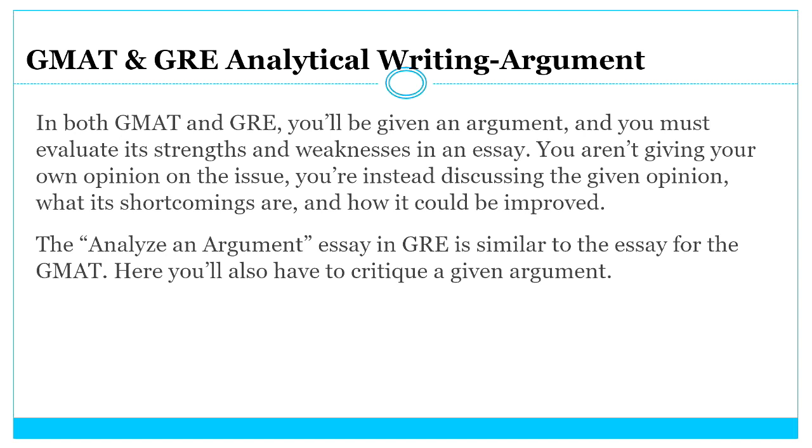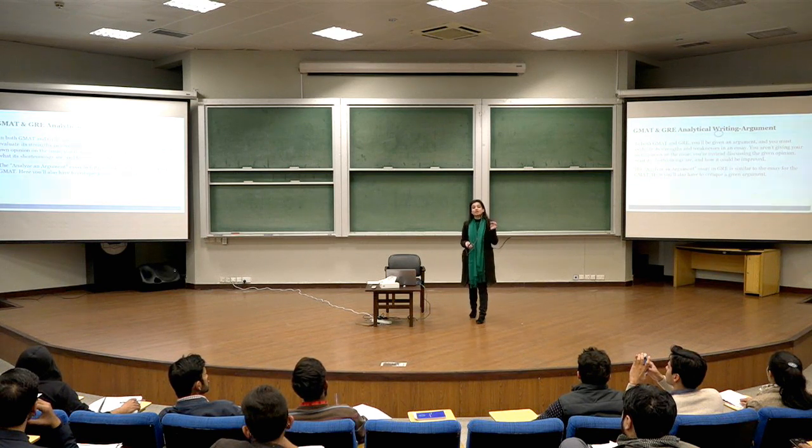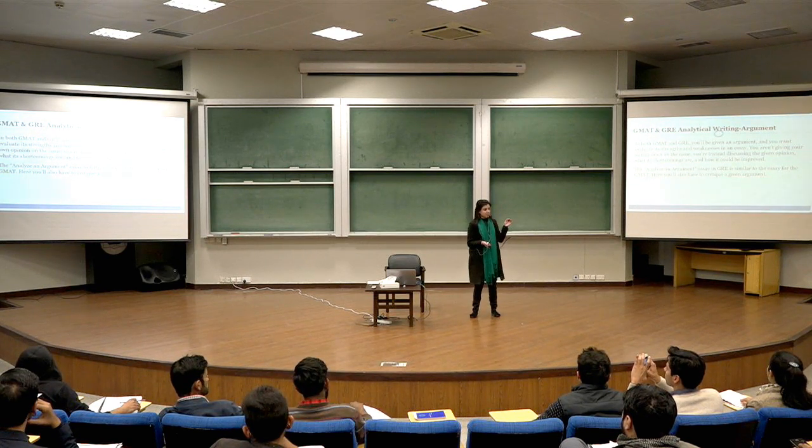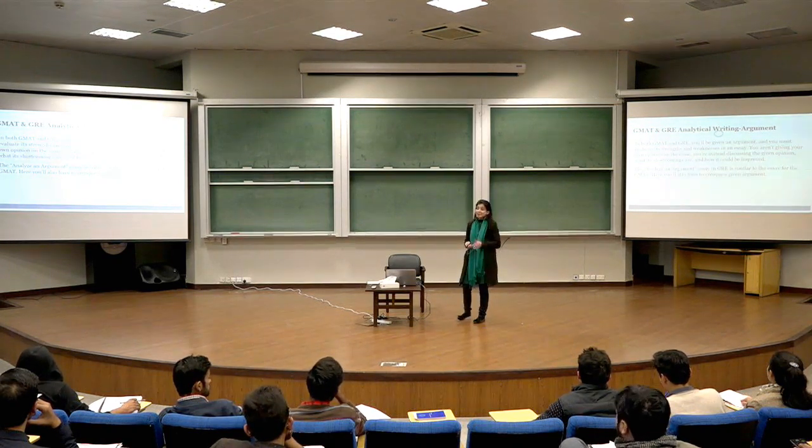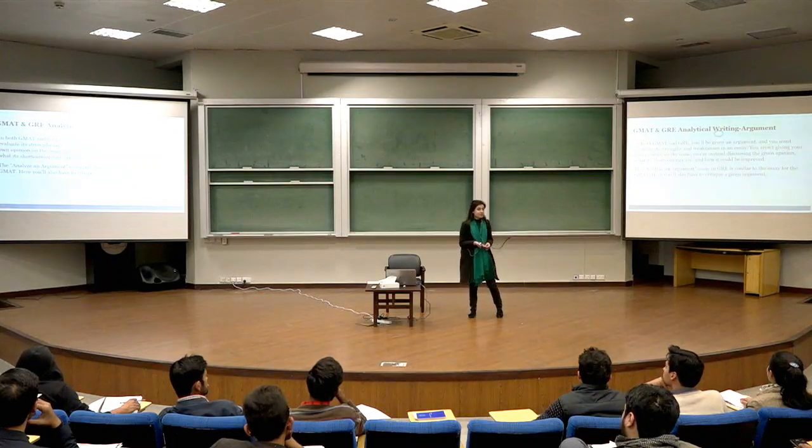So basically what happens is that you are given a prompt. We'll be looking at some examples of prompts as well. You have to pinpoint what is wrong, what the shortcomings are within the prompt that is given to you, how you could analyze it, and how you could put it into words. Organization of your essay is extremely important.